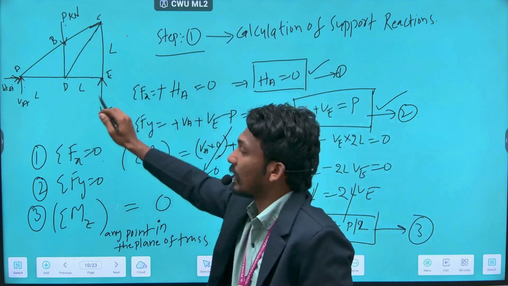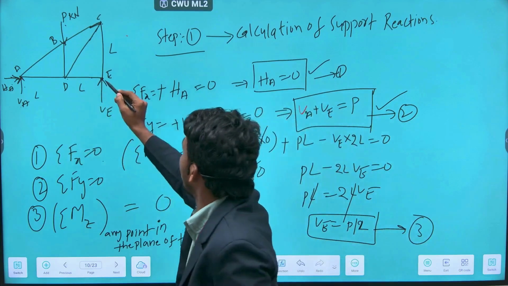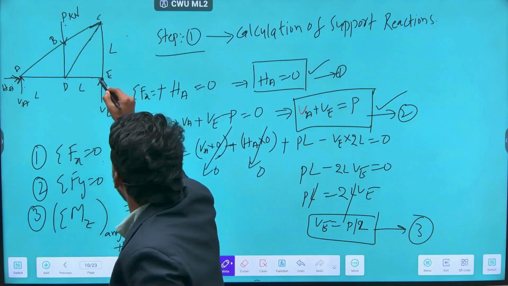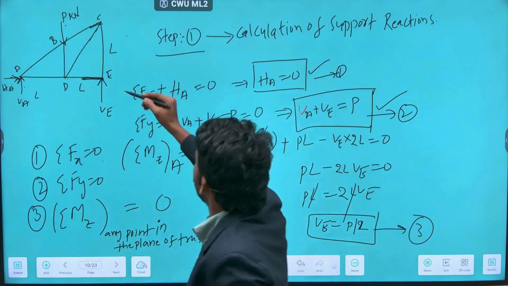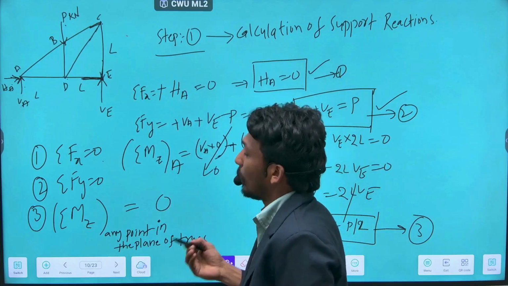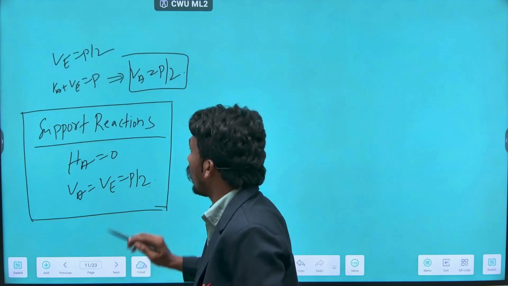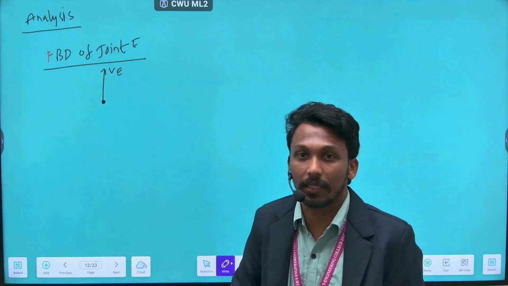So the basic sign convention that we follow is, if we represent the force away from the joint, then we consider it as tension. If we represent the force towards the joint, then we consider it as compression. So we don't know right now whether the member is carrying tension or compression at the beginning.